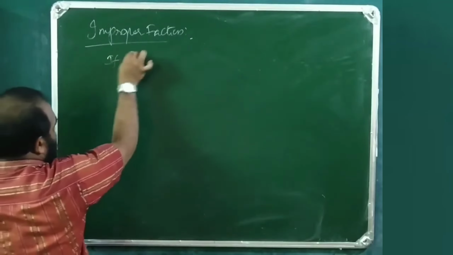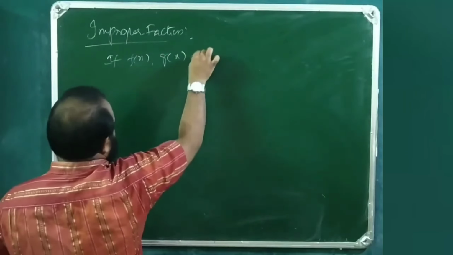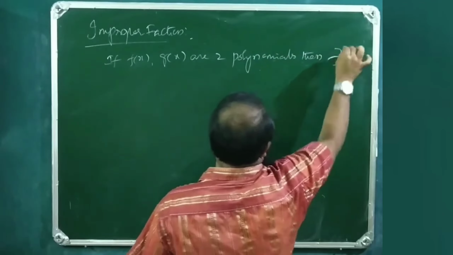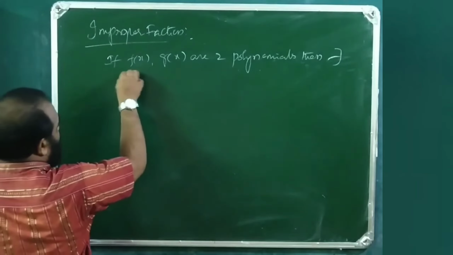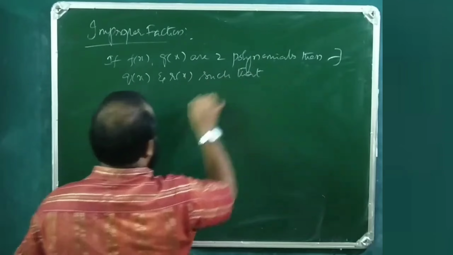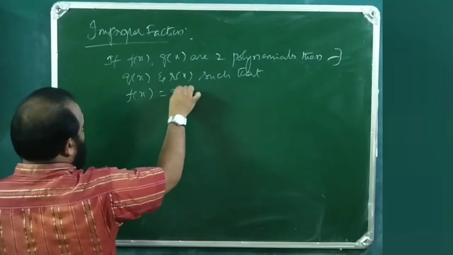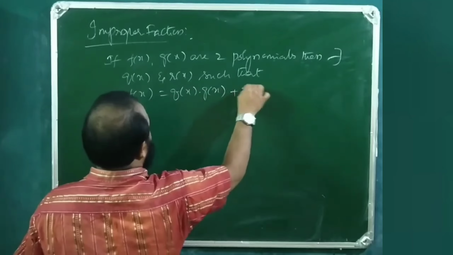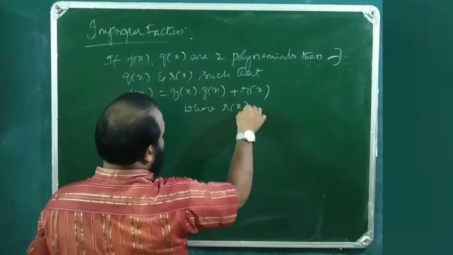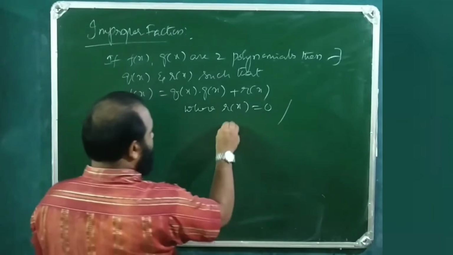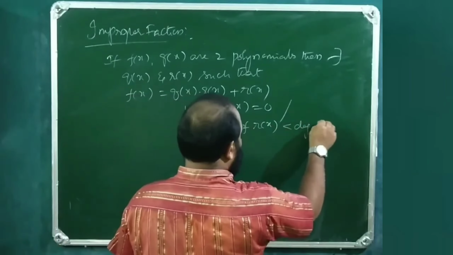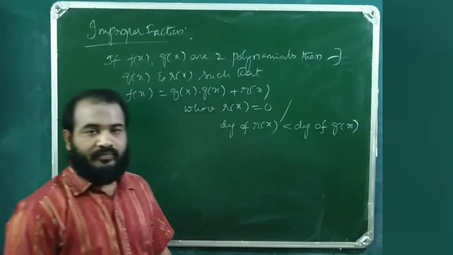It says that if f of x and g of x are two polynomials, then there exist polynomials q of x and r of x such that f of x is equal to q of x into g of x plus r of x, where either r of x is equal to 0, the remainder is 0, or the degree of r of x is less than the degree of the divisor, degree of g of x.